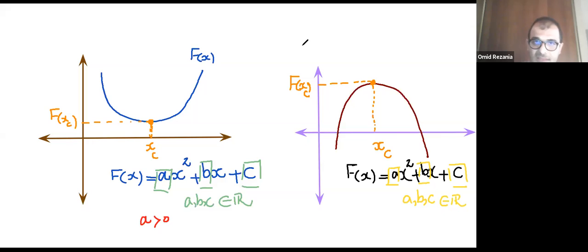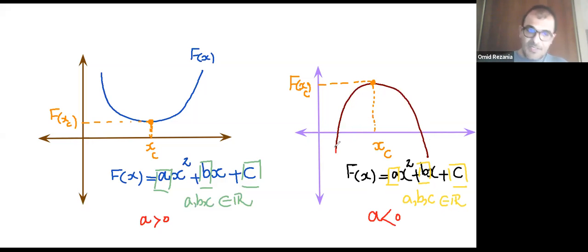Based on what we discussed, the slope coefficient a has to be negative because the function opens downward. These are the things we talked about yesterday. I didn't introduce any new topic right now.